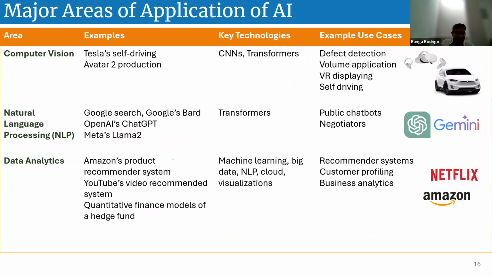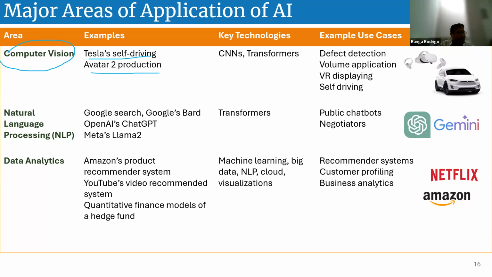Okay. So this AI has many application areas. One of the most powerful areas is computer vision. In computer vision, examples are Tesla's self-driving car and Avatar 2 production. Many more examples are there, as you know. Perhaps you can have a brief look at the making of Avatar 2, how that movie was made.